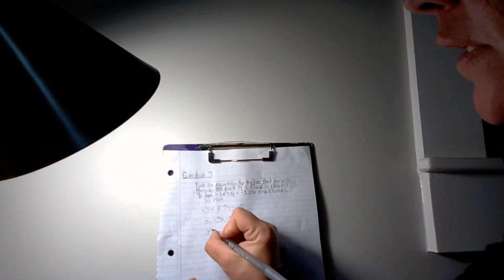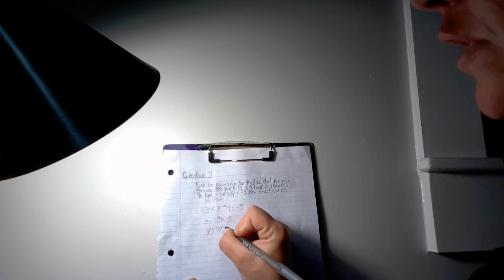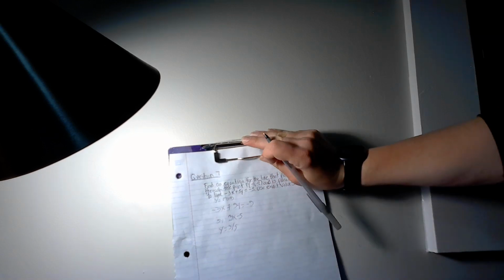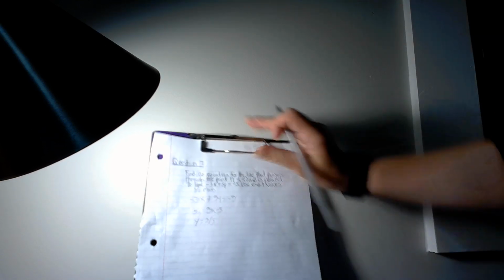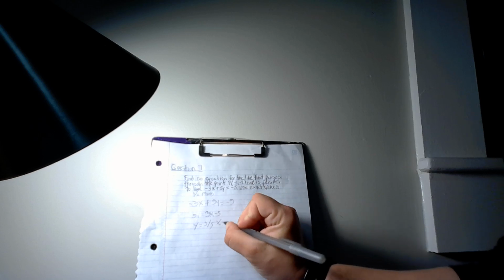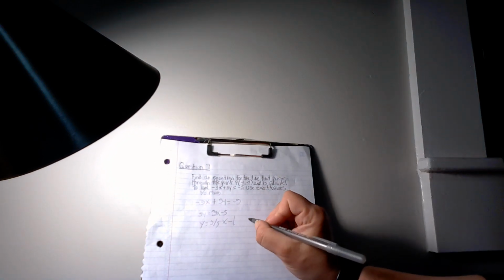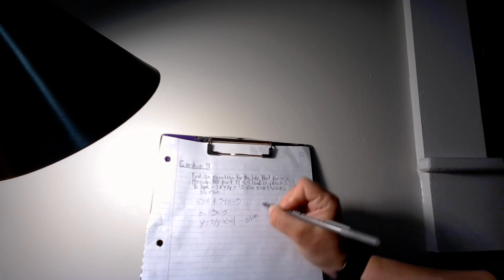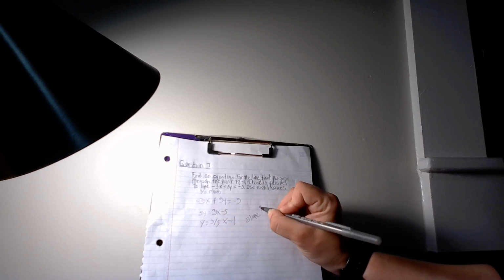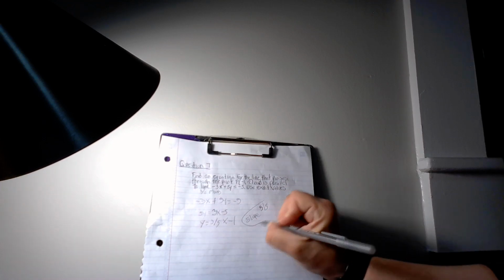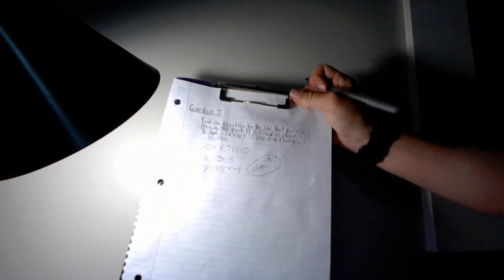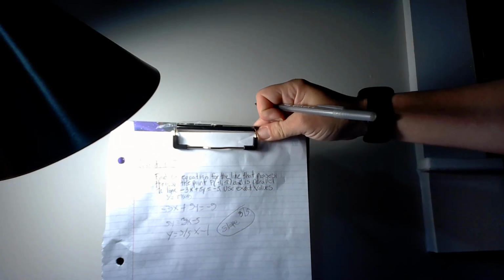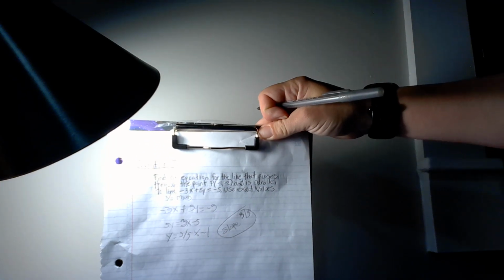Which would give you y equals 3/5 x minus 1. So then your slope would be 3/5. The next thing is that parallel lines have the same slopes.